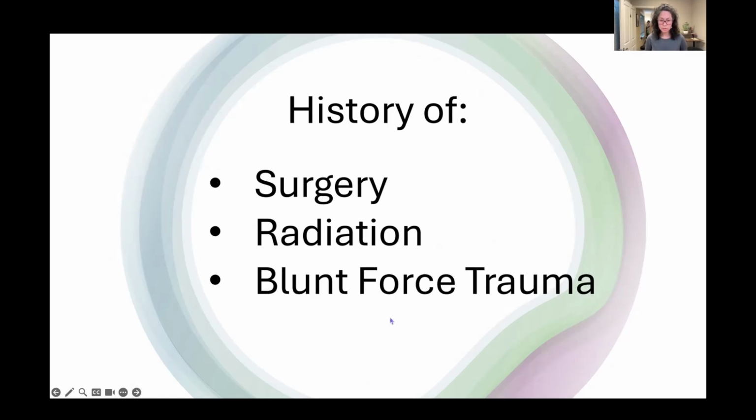Their belly wraps over it, and that kind of blunt force trauma can certainly create enough inflammation to draw the forces in the body that create fibrotic tissue. So these are some big ones to think about when we're wondering if somebody might benefit from knowing more about whether or not they have abdominal adhesions.